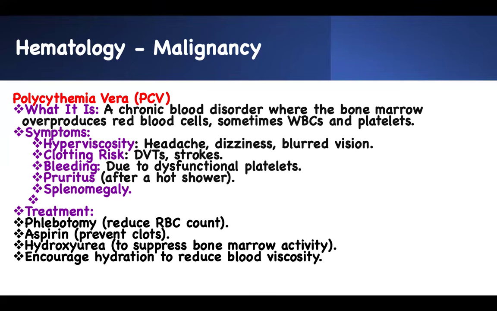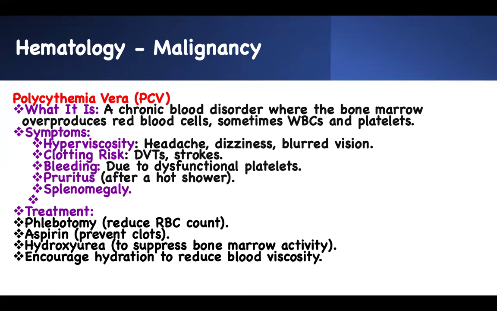And your spleen will sequester. It gets bigger and bigger and sequesters your platelets also, so they get splenomegaly. So if they give you a question with somebody whose hematocrit is high, it's itchy, it's bleeding, he has headache, you know it's polycythemia vera.